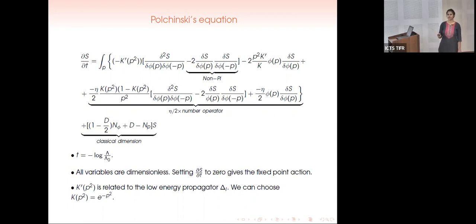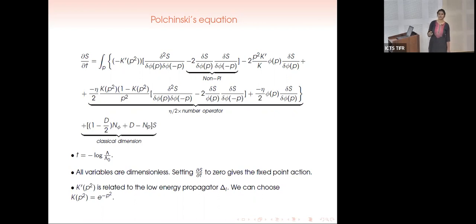First of all, I would like to draw attention to this, the simplest part of the equation. If there is no interaction, this gives the engineering dimension of the action. Then the main structure of the equation is given by this. Before that, eta is the anomalous dimension, and the thing multiplied by minus eta by 2 is the number operator.